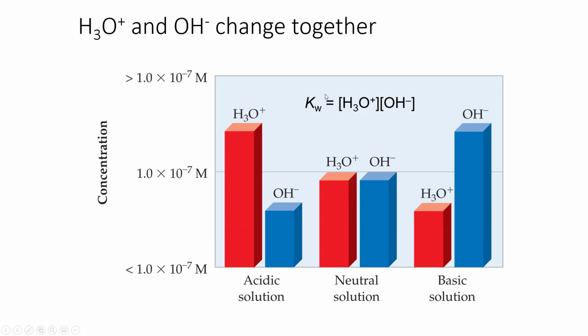And they relate to this constant of 1.0 times 10 to the negative 14 that's equal to Kw. So if you know either the concentration of H3O plus or the concentration of OH minus, you can determine what the concentration of the other ion is, because this Kw value is always equal to 1.0 times 10 to the negative 14 at this 25 degrees Celsius mark.